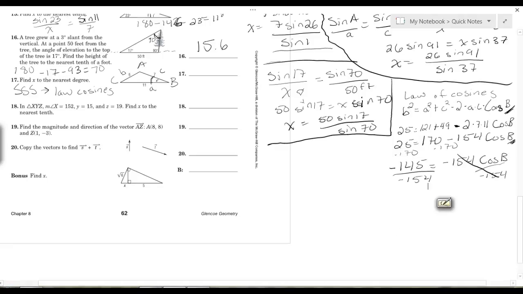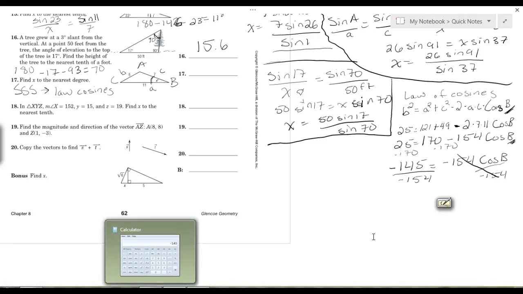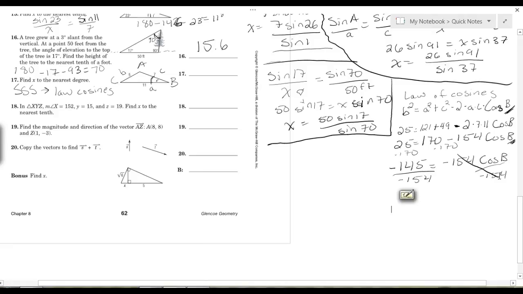Actually, I'm just going to leave this like it is for a moment because I'm going to get a more accurate result if I don't divide 145 by 154 yet, because eventually I'm going to end up using trigonometry with it. So now to get b by itself, I need to use the inverse cosine.